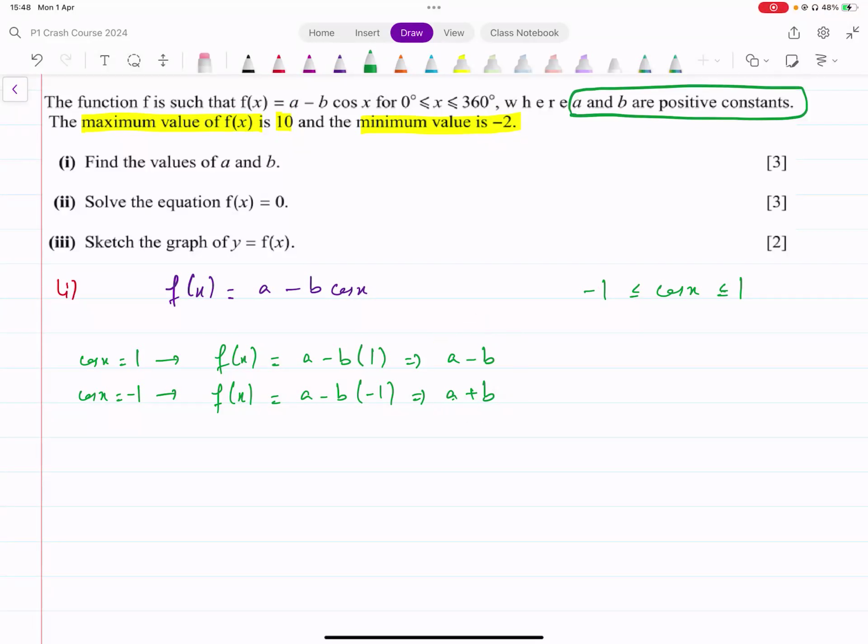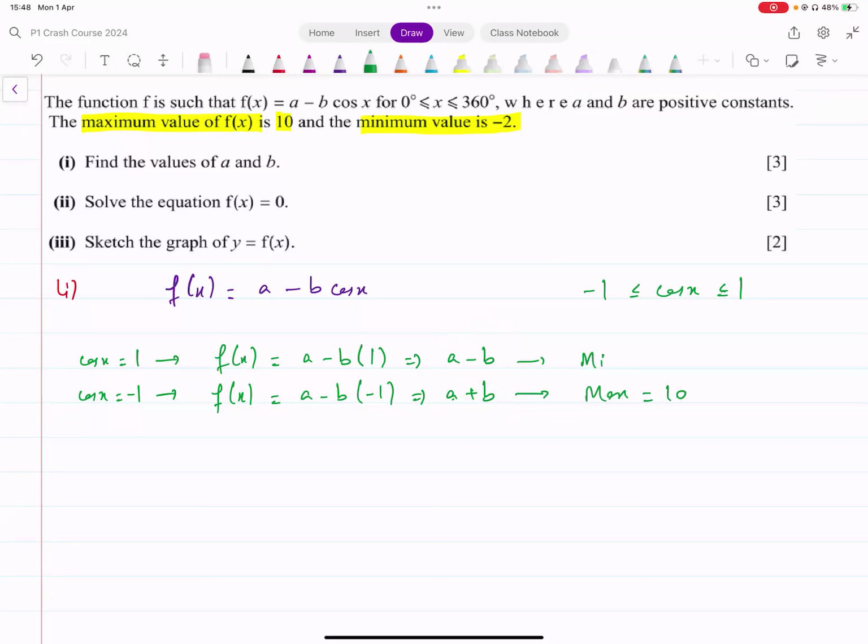If a and b are positive, a plus b is obviously going to be a bigger number as compared to a minus b. When you add the numbers, the result is going to be bigger. So a plus b, therefore, is the maximum value, which is equal to 10. The question says that.